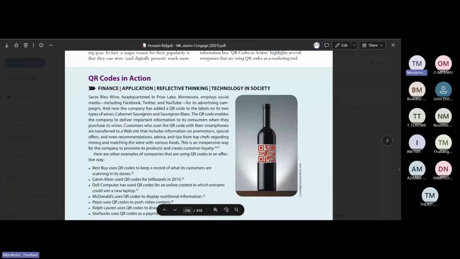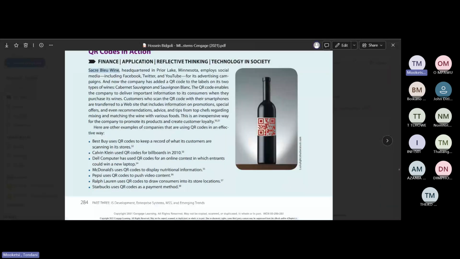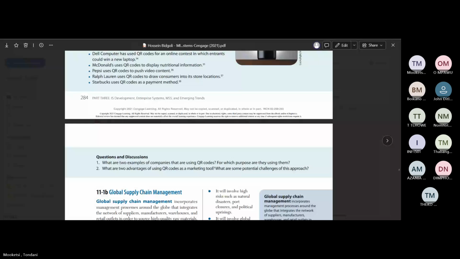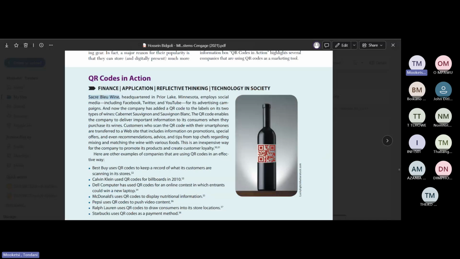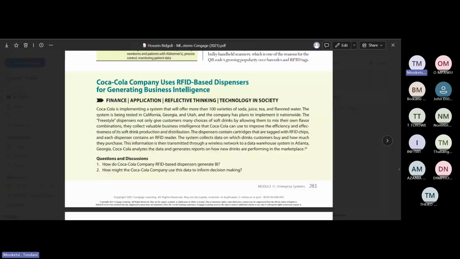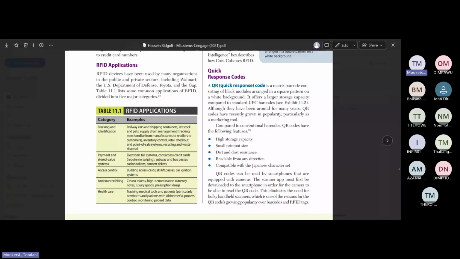So I was saying you guys must go and read this section about QR codes in action to understand how this company, the one company, is using QR codes to keep their records. You can go read that one, but I wanted us to go through the Coca-Cola case study.